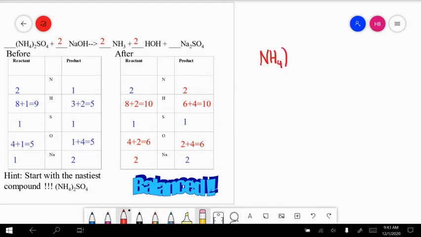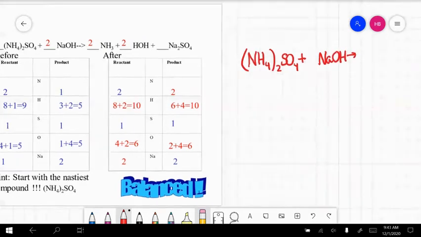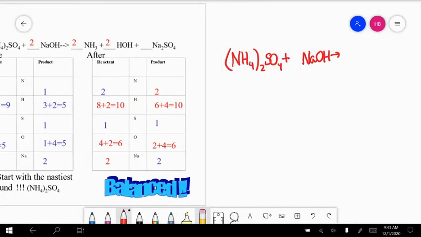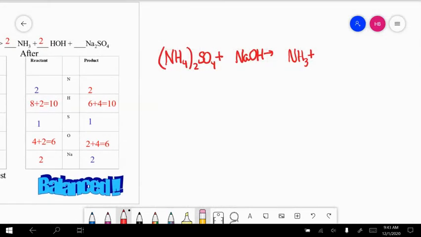NH4, so ammonium sulfate plus sodium hydroxide yields ammonia plus water plus sodium sulfate.